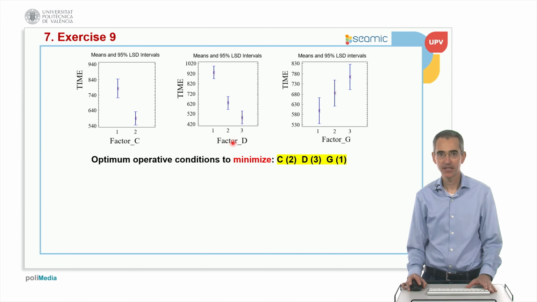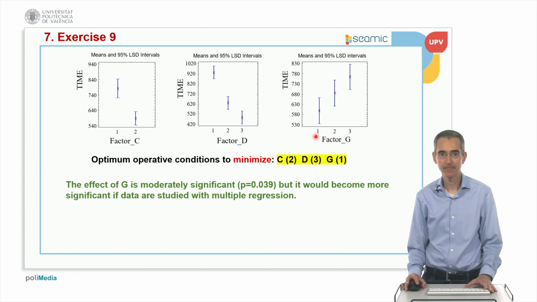Again, here as we want to minimize, we should choose factor D at the highest level, and here we should choose factor G at the lower level. This is the best recommendation. Okay, the effect of G is mostly significant, because the p-value is close to alpha. But anyway, it is a good idea also to include that in the optimum operative conditions.